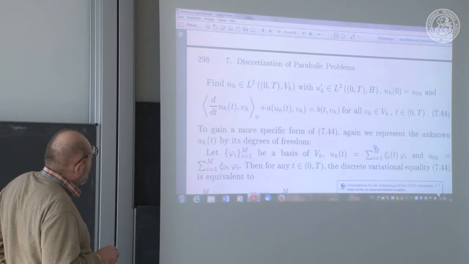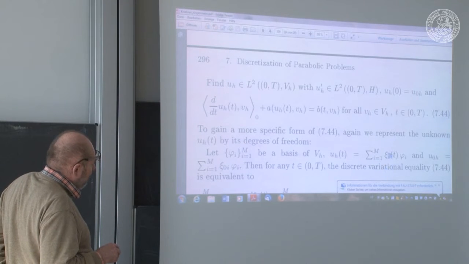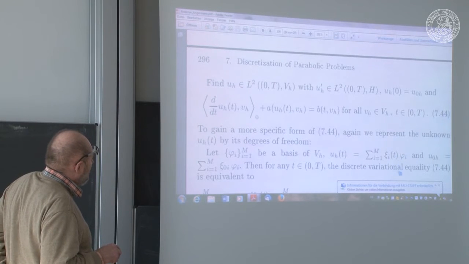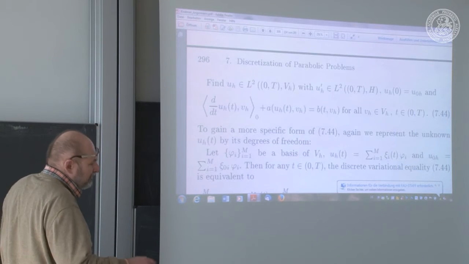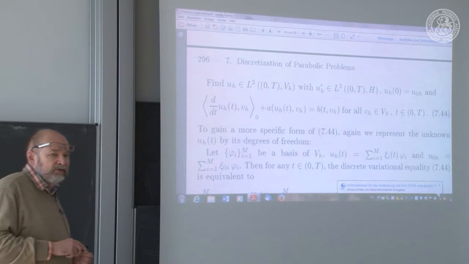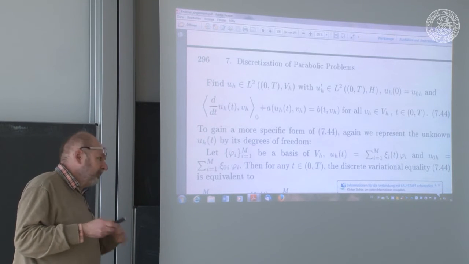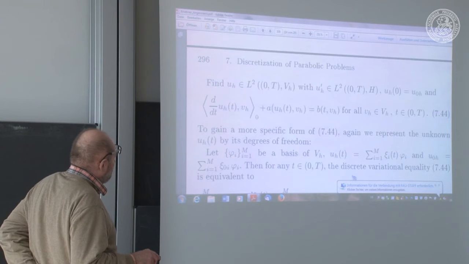That means we represent the unknown solution as a linear combination of basis functions, think of the nodal basis functions. The only difference is now that this coefficient vector is dependent on t. So it's not just a vector, it's now a function from the interval to the tuples, the grid functions.